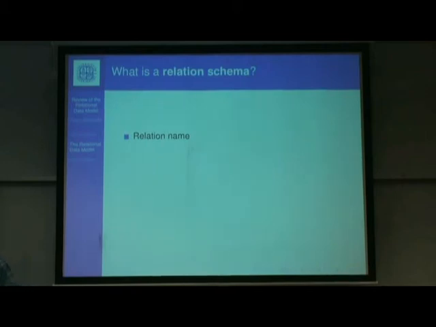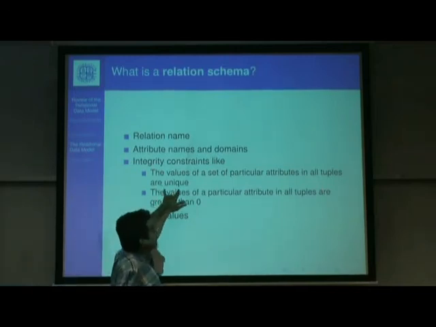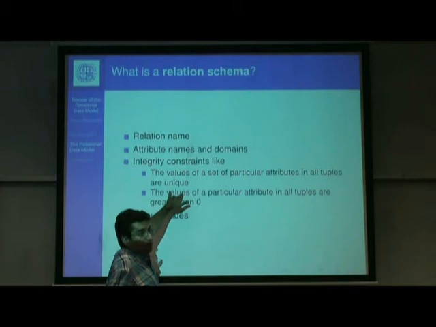So, what is a relation schema? A relation schema consists of a relation name, attribute names, domains, and integrity constraints, like uniqueness of a set of values. Many of you have studied this uniqueness. What do you call this uniqueness of a set of attributes? Key.